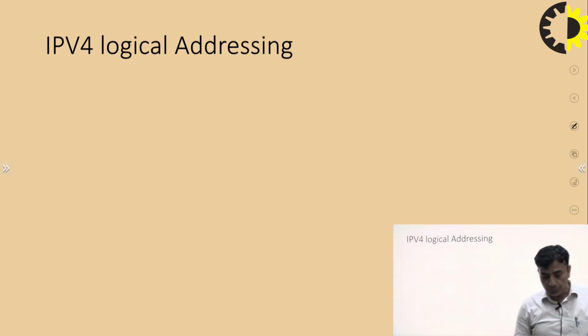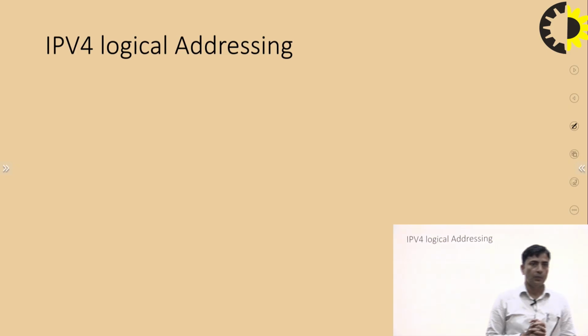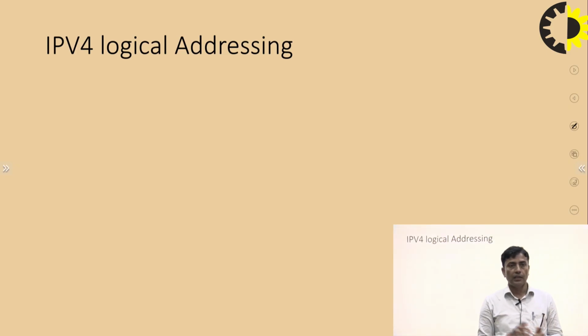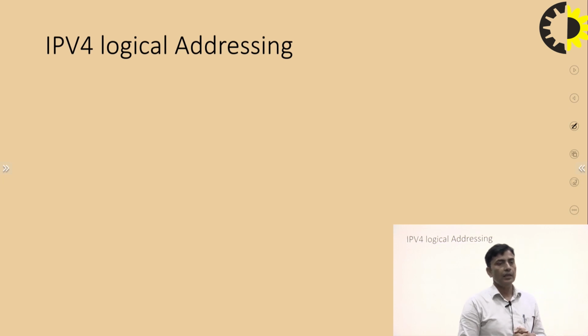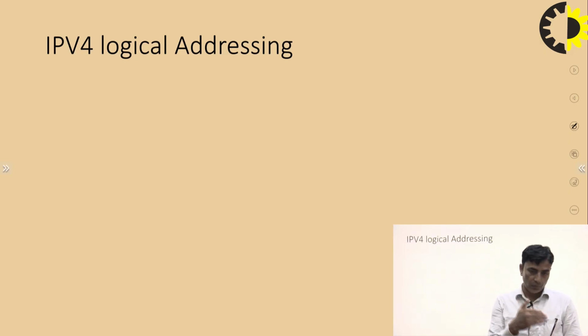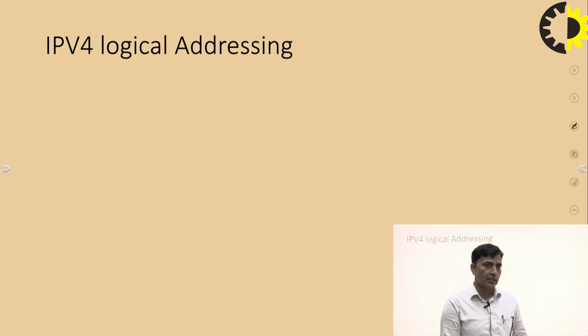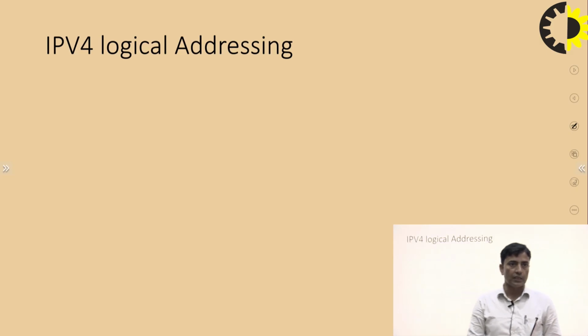So the IPv4 header is the information that guides the packet, how it is treated by the different intermediate nodes during transmission. This header information is very important, and it also provides logical addressing, because the source IP address and destination IP address are known as logical addressing.